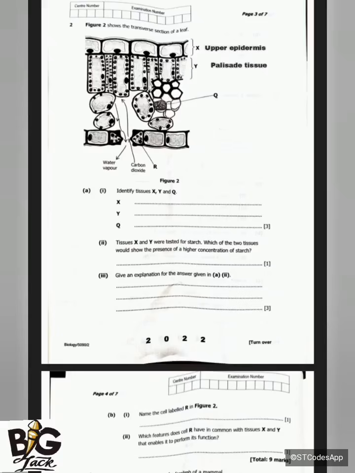Then as for Q, we are going to consider it to be a vascular bundle, open bracket, we can say xylem, phloem. Then as for R, it is called the guard cell.